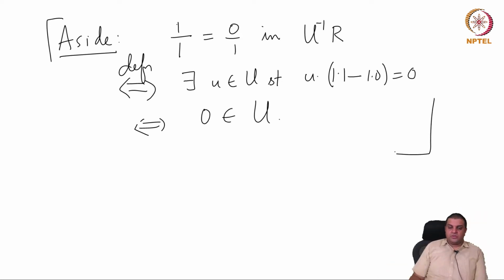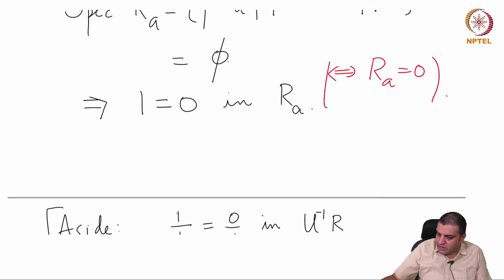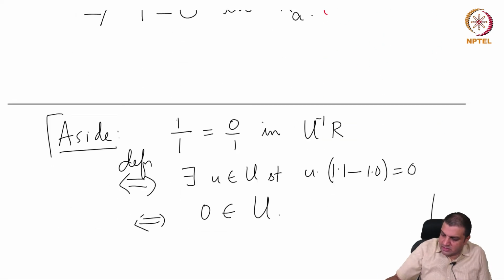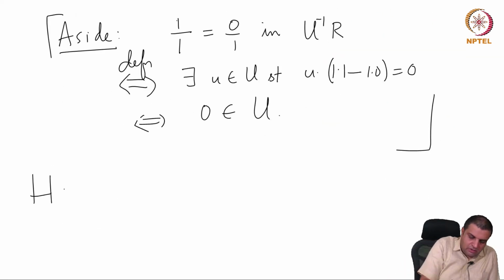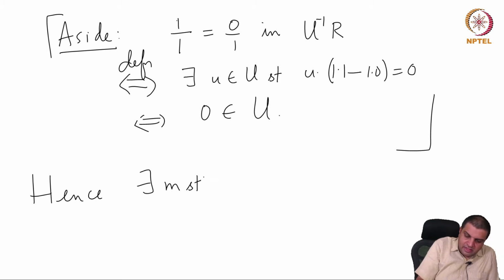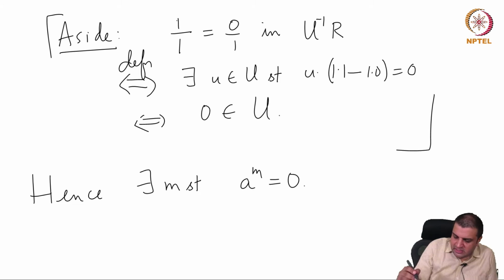So if you invert a multiplicatively closed set, the ring becomes 0 if and only if 0 is in the multiplicatively closed set. Now let's go back here. Hence in our question there exists some m such that a to the m is 0. The multiplicatively closed set is elements of this form, and 0 being there means this is the property, and this is exactly that a is nilpotent.